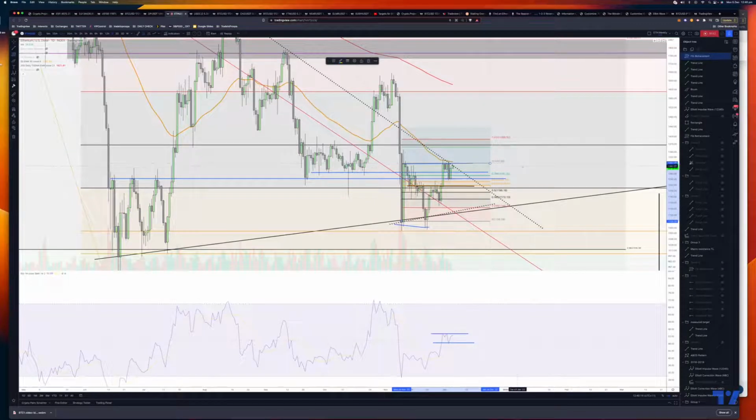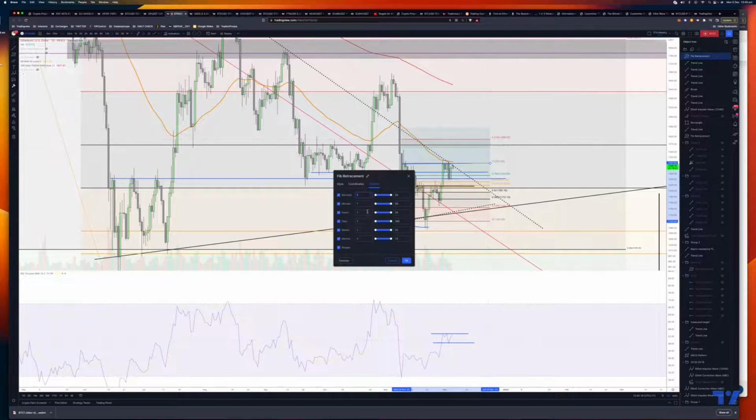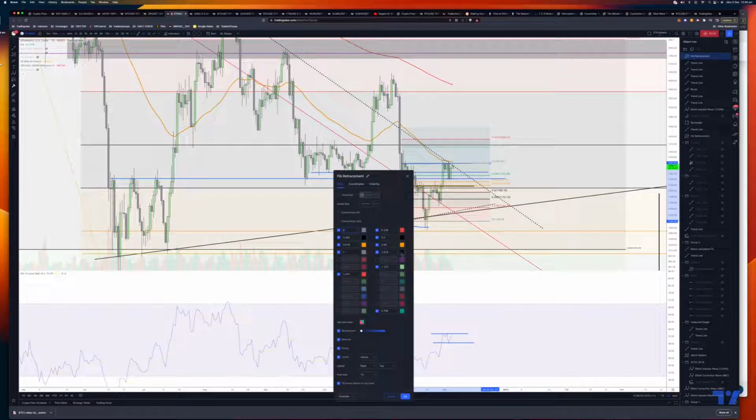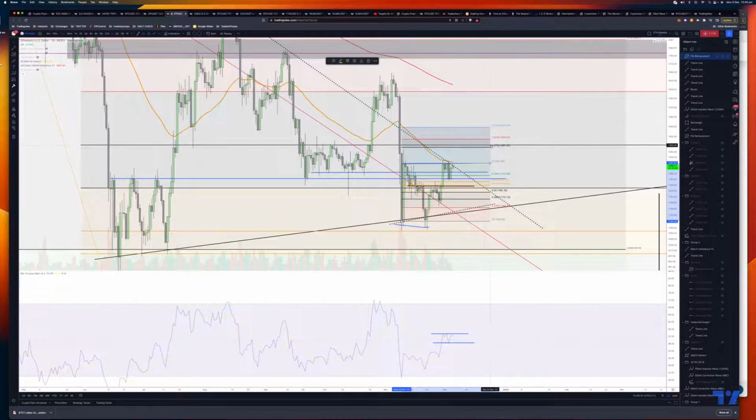I'll put that there. These are our fib levels. Okay, so that's the next range of fibs to be. So this is definitely the 1.272.